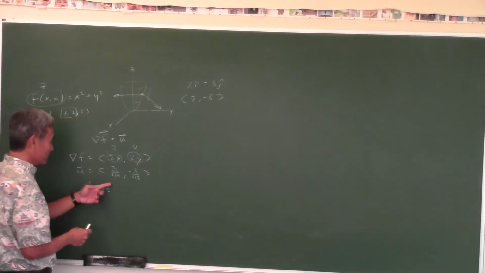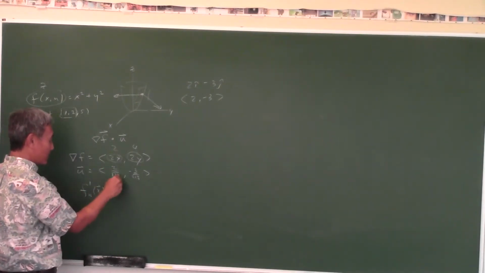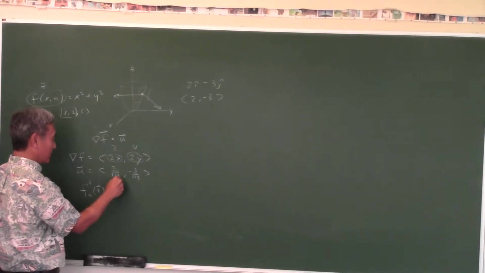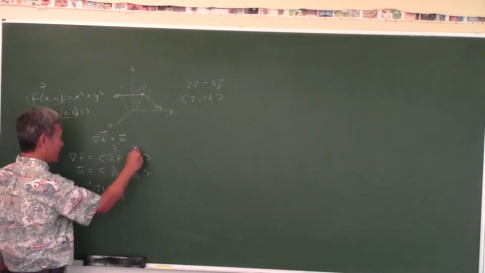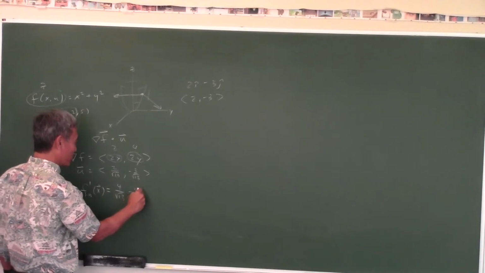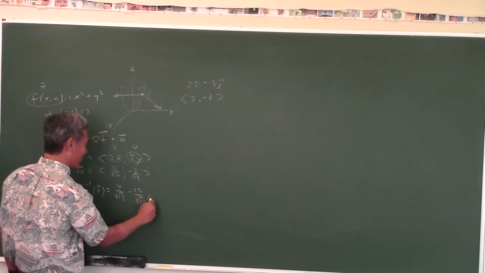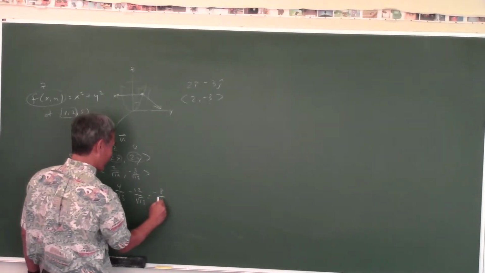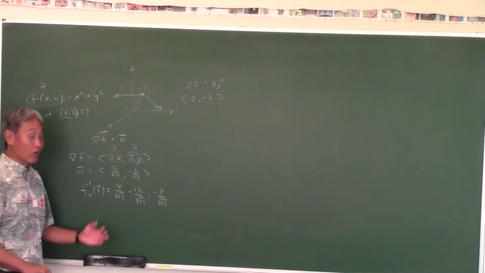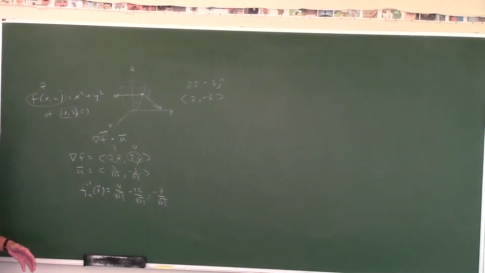So the directional derivative at that point is, how do you compute the dot product of two vectors? You multiply the x components, 4 over root 13, you multiply the y components, negative 12 over root 13, and you add them. Negative 8 over root 13. And now notice that this is a number. What does this number represent?